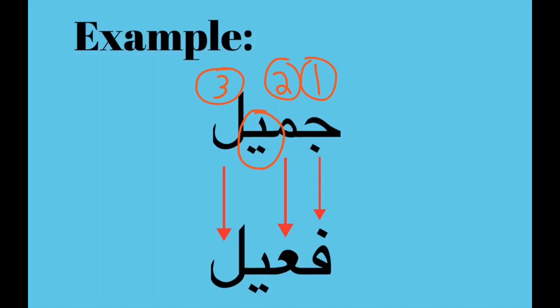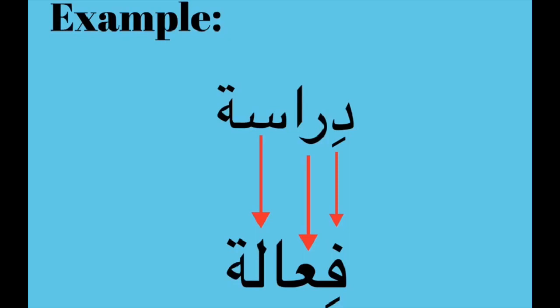So jim corresponds to fa, mim corresponds to ayn. You plug in that ya, and then your third root letter, lam, stays the same. Jamil. Jamil means beautiful, and it's an adjective. The fa'il form typically indicates adjectives.